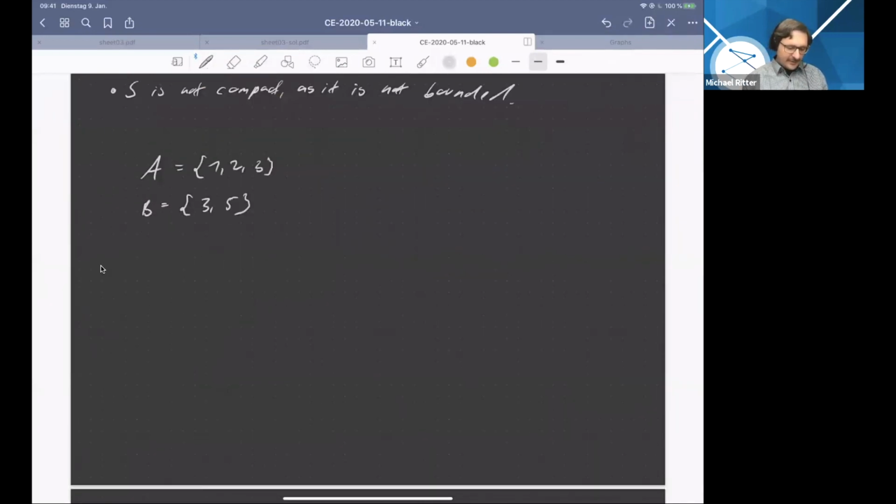And I can define this product of the two sets, A times B, that simply consists of tuples.